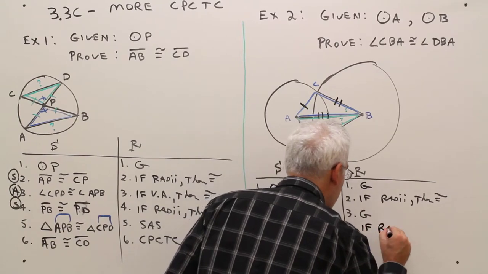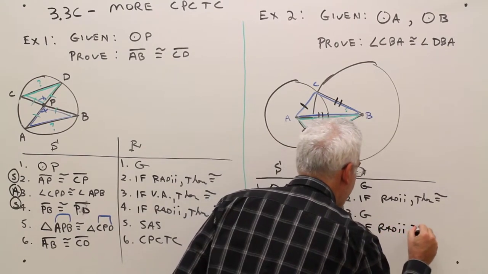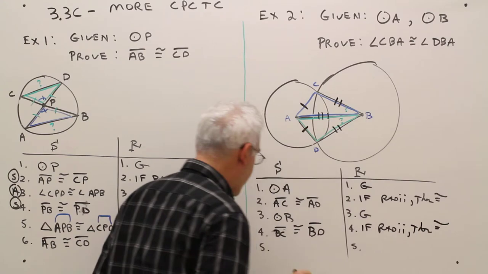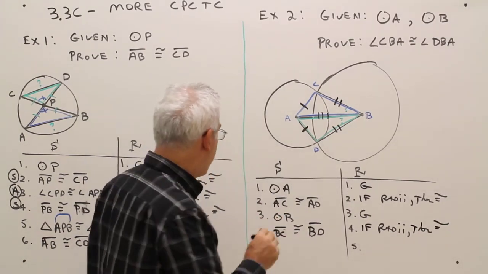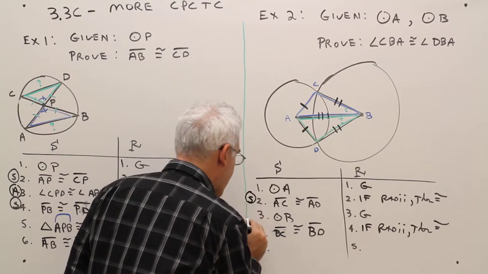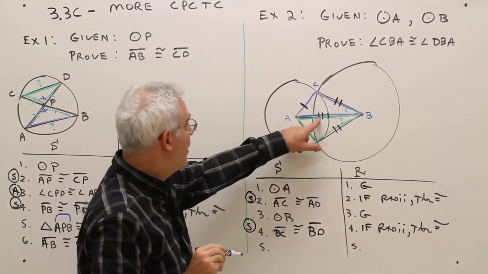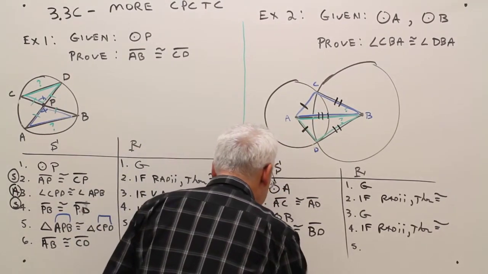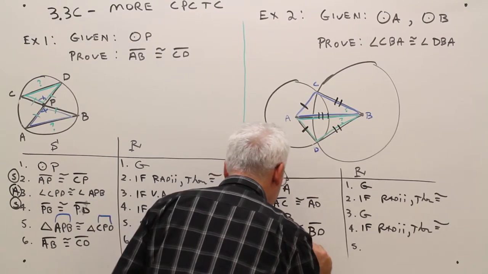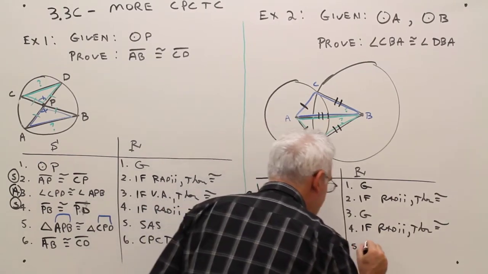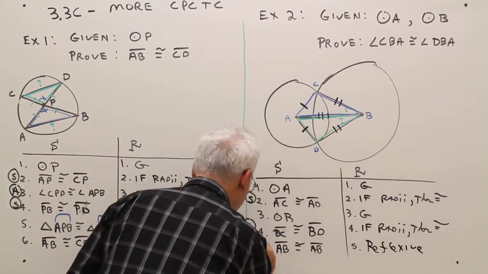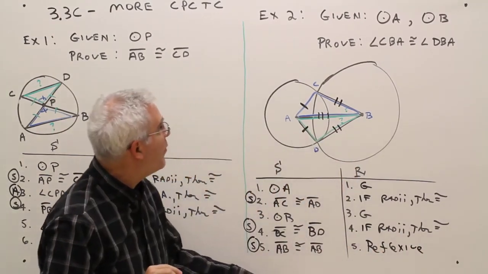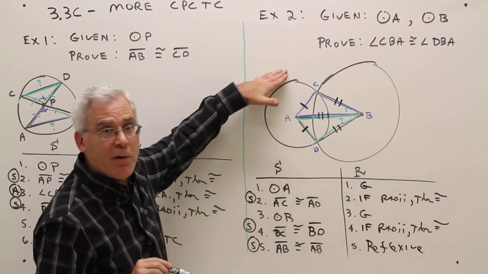If radii then congruent, I'm going to need to add some extra steps because I split that. So again, this was an S, this was an S. I'll get my AB to AB. AB is congruent to AB, reflexive.